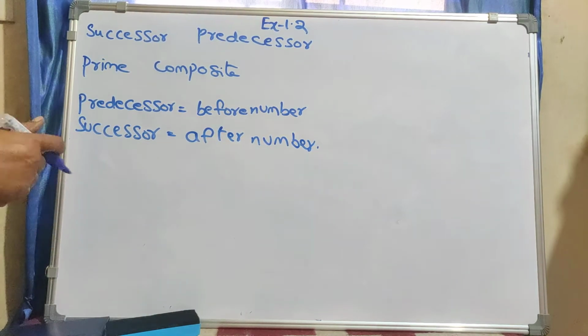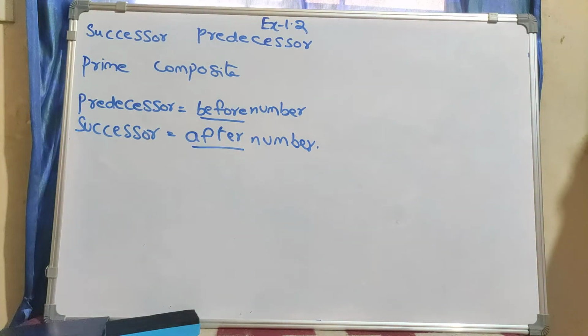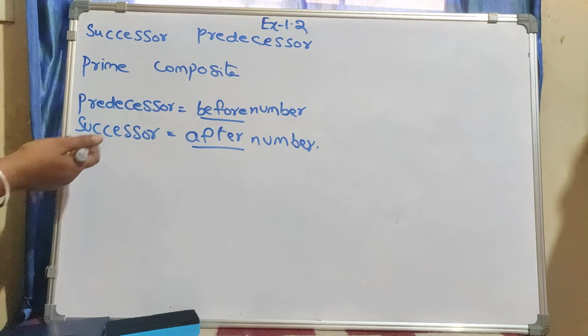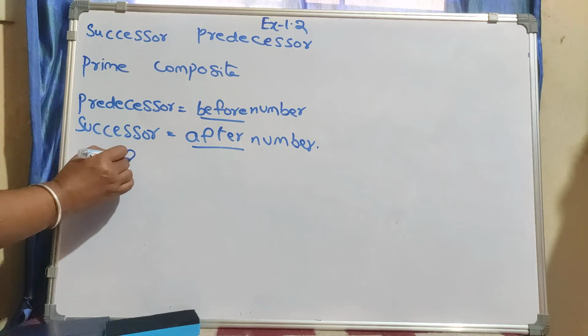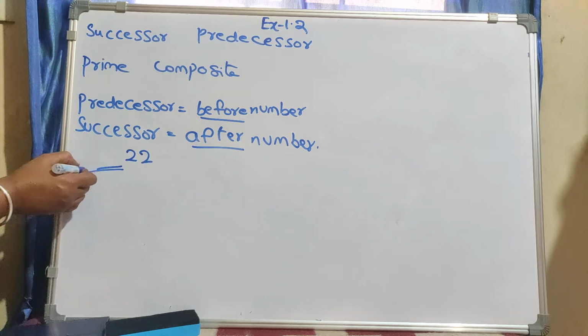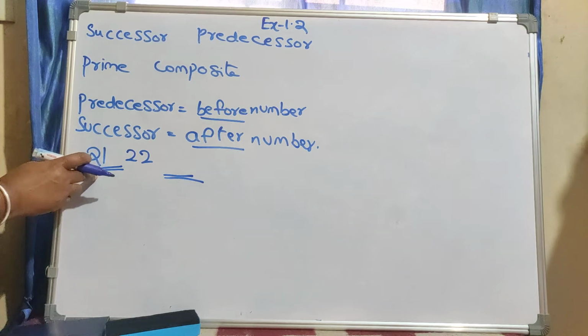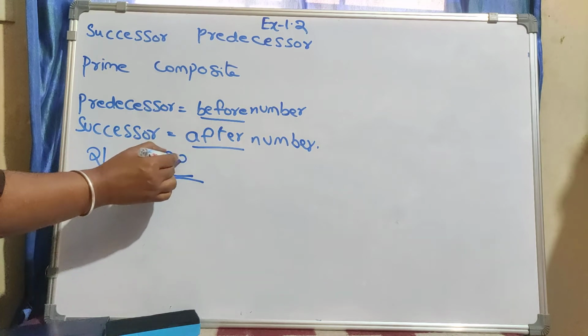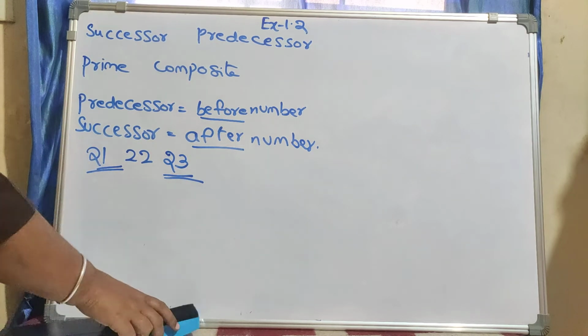We used to learn before number and after number in our first class and second class, and when we grow up, the words change to predecessor and successor. So now if I have 22, what is my predecessor and what is my successor? 21 is my before number, which is the predecessor. 23 is my successor, which is the after number. This is a simple thing.